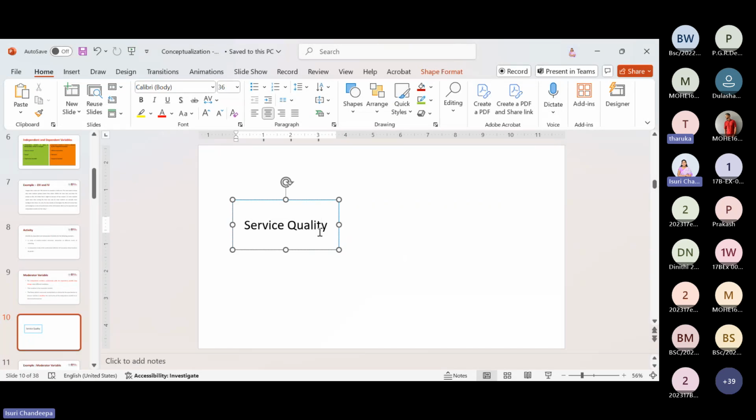This is service quality, the independent variable.